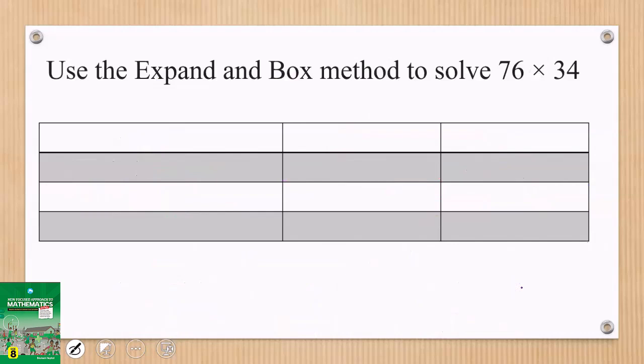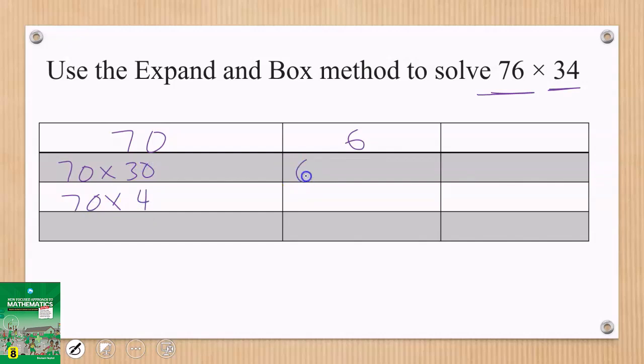So here we want to do 76 times 34, also with this expanded method. So we have 70 and we have 6. We are going to do 70 times 30, then 70 times 4, right?